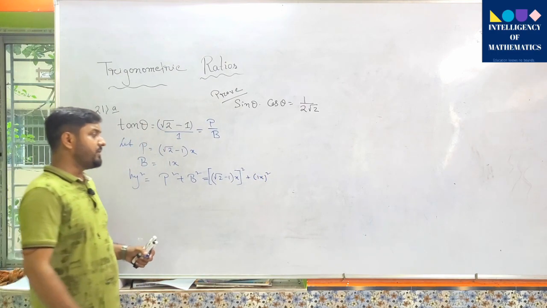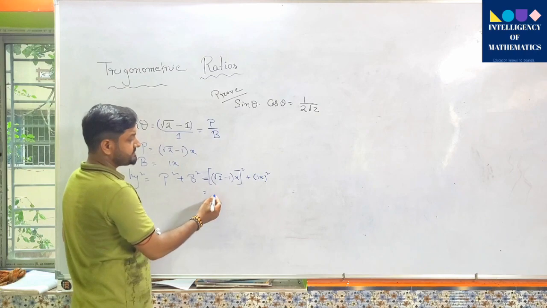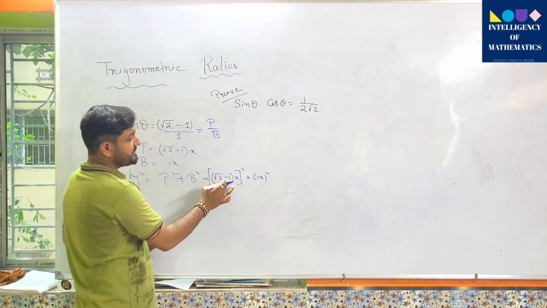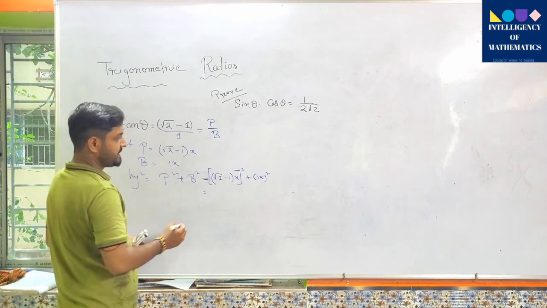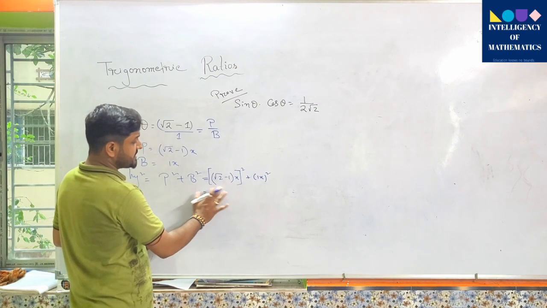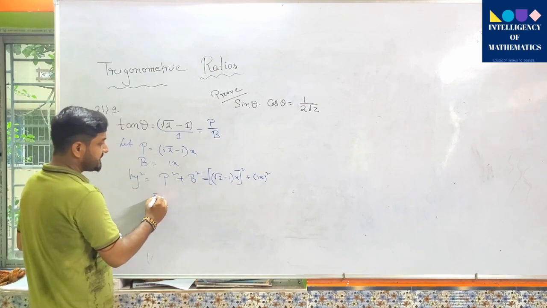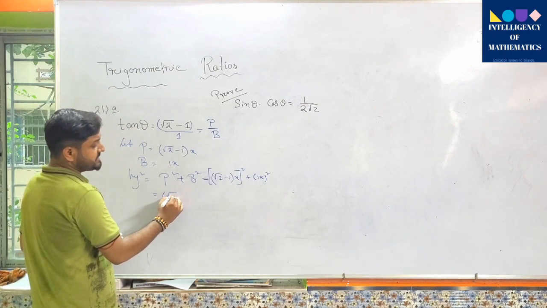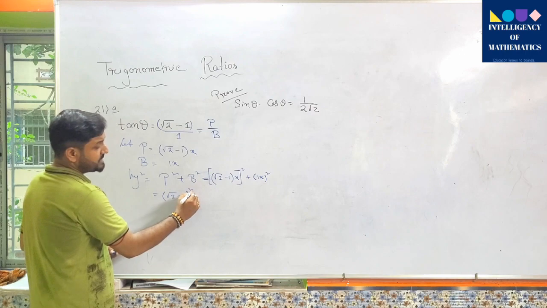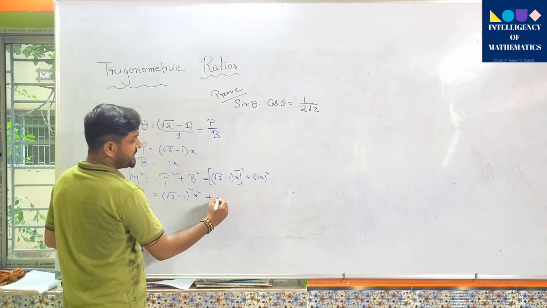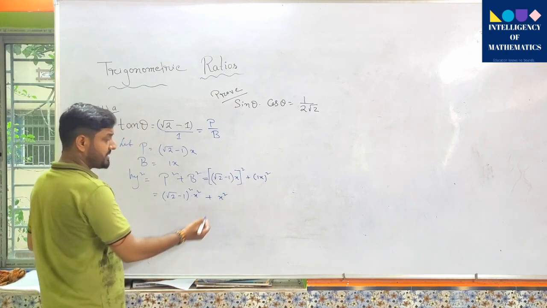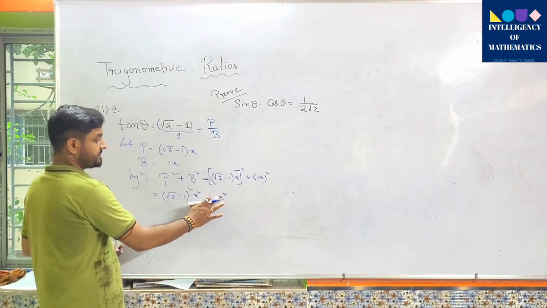This quantity is whole square, that is perpendicular square, and base is 1x, so it is 1x whole square as it is. Now if we split this, it will be a minus b whole square. X is multiplied, we will keep it as it is. Next line you will be getting it like this, √2 minus 1 whole square into x square, because x is there with, and here 1x square is only x square, or you can write 1x square also.